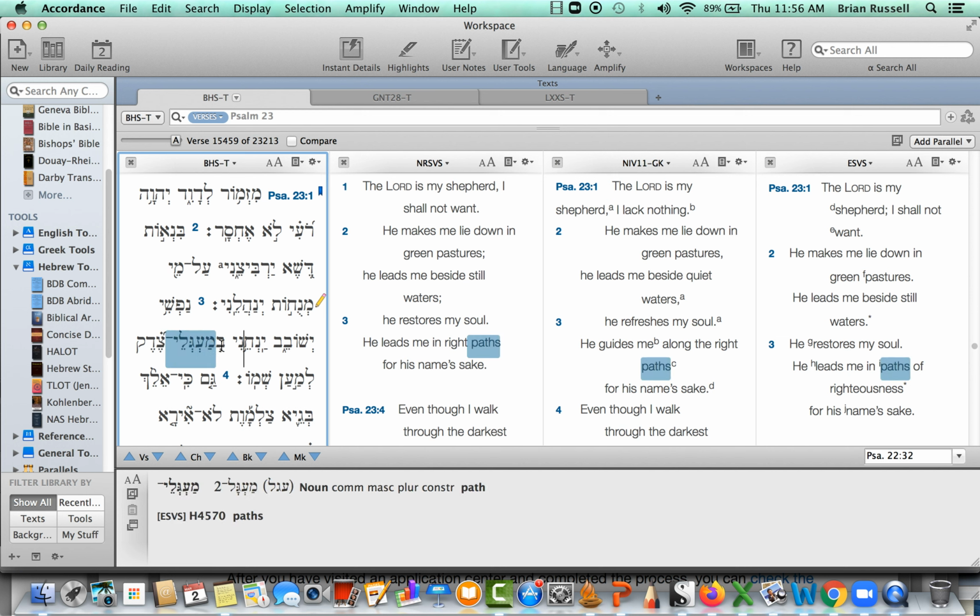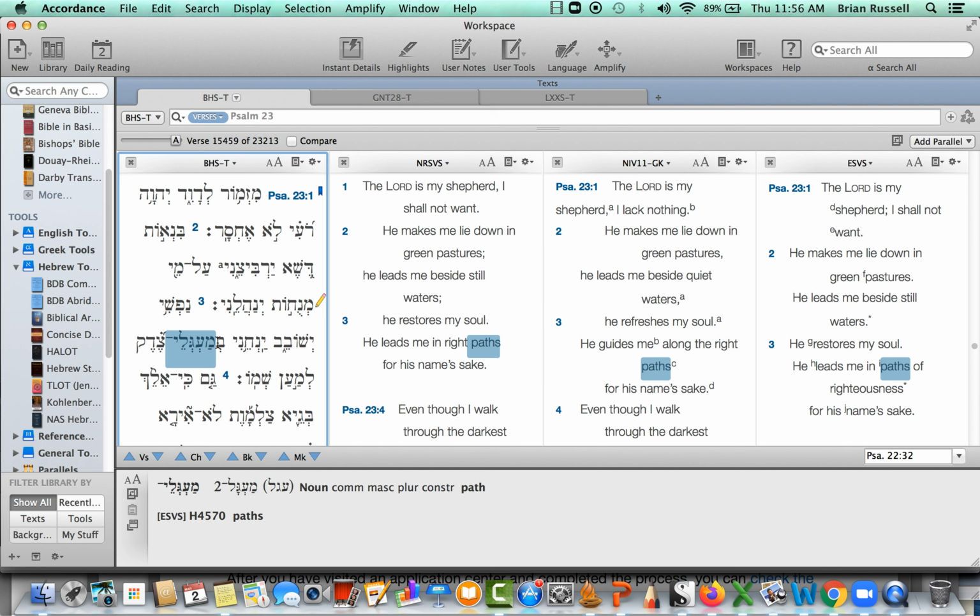Okay, then we get another prepositional phrase, and now let's look for the object. Obviously, it's attached to the first object, but its object itself is construct. This is in paths of. Then words joined by maqqef, always in construct. Tzedek means righteousness. So this is in paths of righteousness.